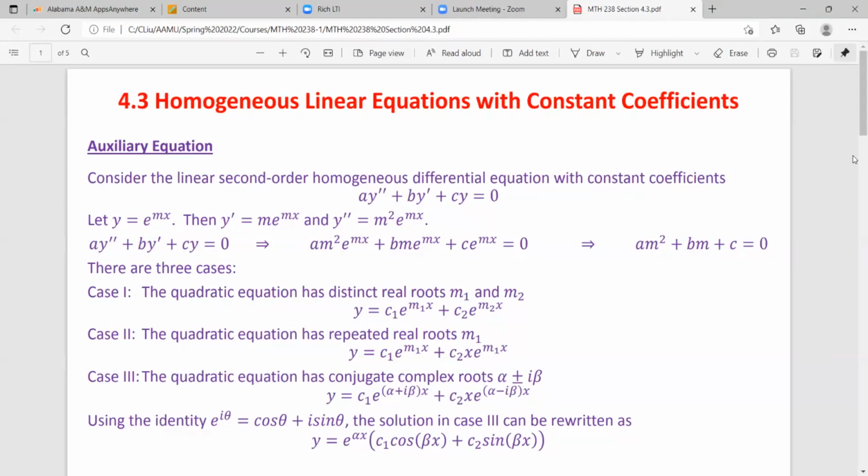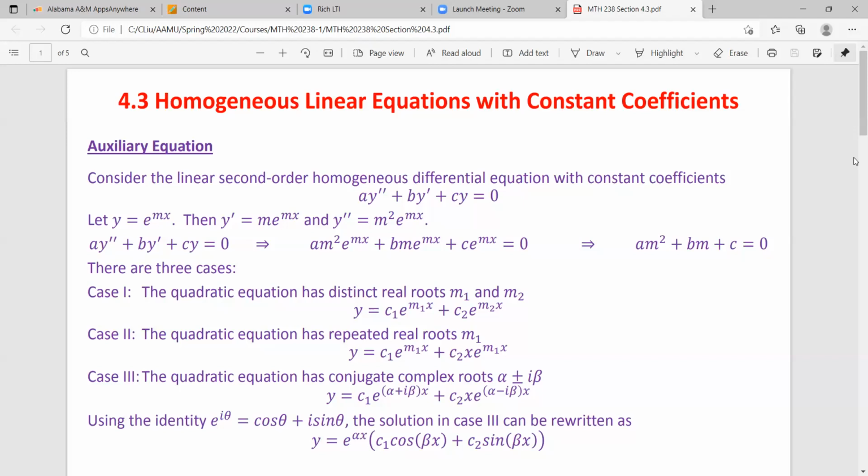But we have to consider different cases here because, depending on the quadratic equation, it can have real solutions or complex solutions. So we just split into 3 different cases, as we already know.